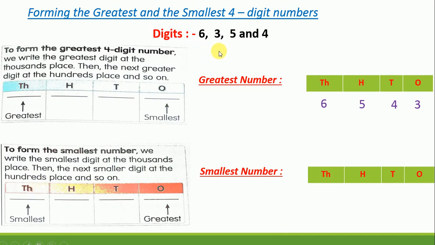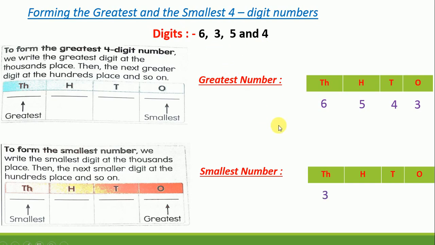That is 6, 3, 5, 4. As we are going to make the smallest number, identify the smallest digit from here. Among these 4 digits, which is the smallest one? 6, 3, 5, 4. Which is the smallest one?